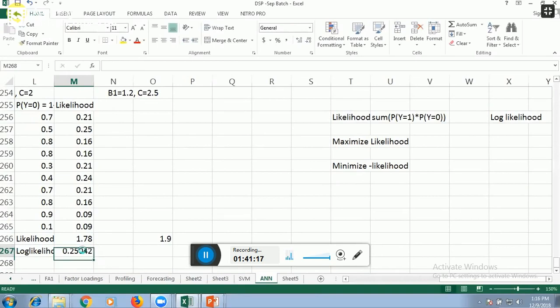If this value is higher, suppose 1.78, my log likelihood is this one, you got it. If this is higher than this one, my log likelihood is higher than this one. So instead of maximizing likelihood, I can also maximize log likelihood.